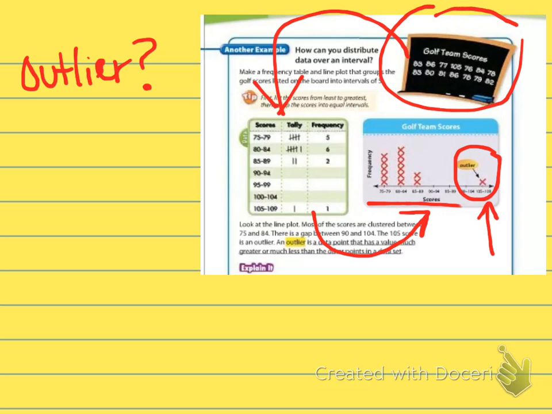Let me point out the definition of the outlier, which means a data point that has a value much greater in this case, or it could also be a value much less than the other points in a data set. Again, not all data will have an outlier. Remember, the outlier could be a number that is way bigger than the other set of numbers or way smaller. Okay, and that is your lesson, and you should be good to go.